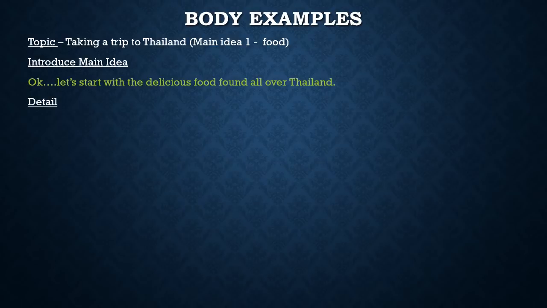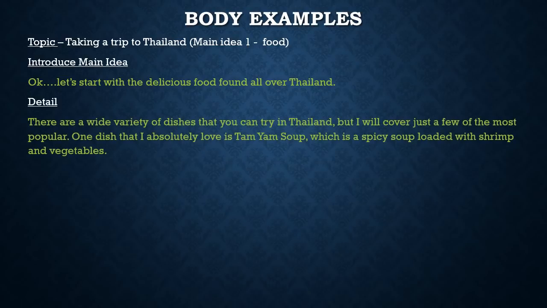Now I'm going to give some details, reasons, and examples about the food in Thailand, okay? We'll start with the detail. There are a wide variety of dishes that you can try in Thailand, but I will cover just a few of the most popular. One dish that I absolutely love is Tom Yum soup, which is a spicy soup loaded with shrimp and vegetables.